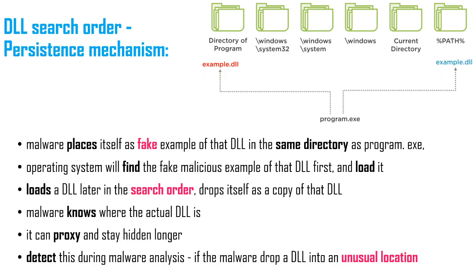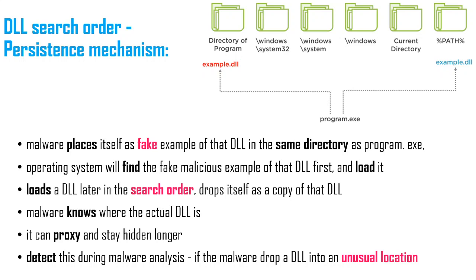So in this example I have been explaining, the malware places a fake DLL in most of the DLL search order locations. Say for example, it will drop a Windows system DLL in Windows System32, and it will also drop one in the current directory. Every path, it drops.